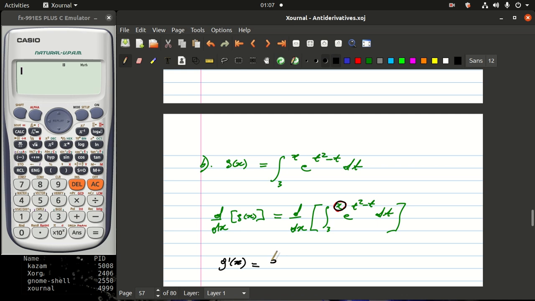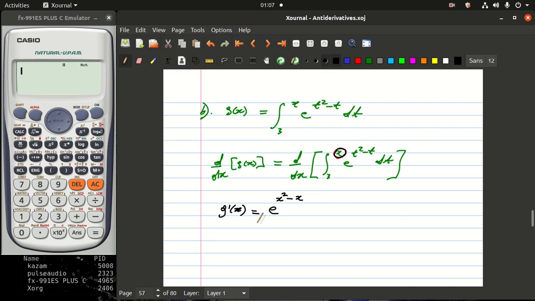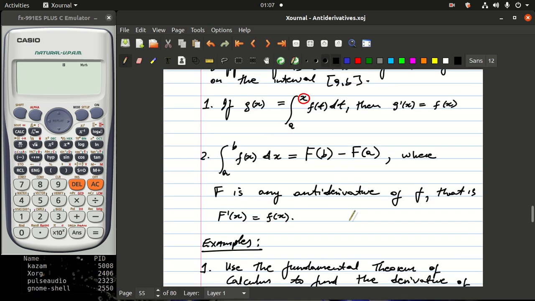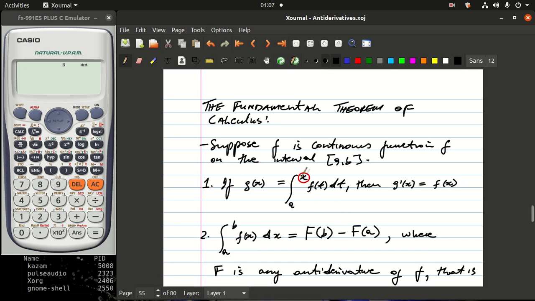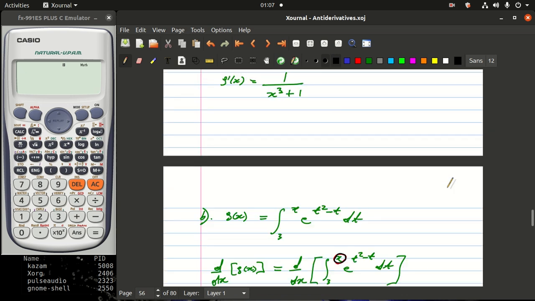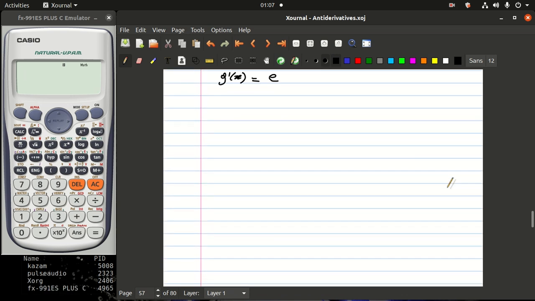So we end up having e raised to x squared minus x. That is going to be our derivative for this function using the fundamental theorem of calculus, because the theorem says that if you have that, replace that, and then you will get that. It's as simple as that.